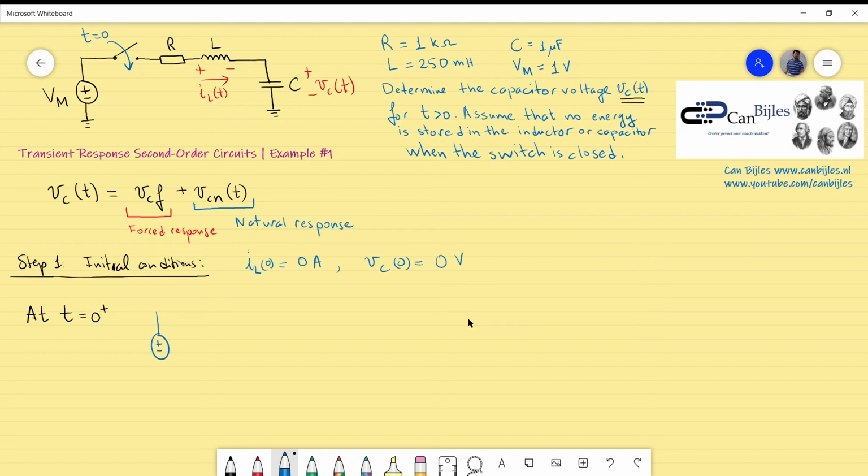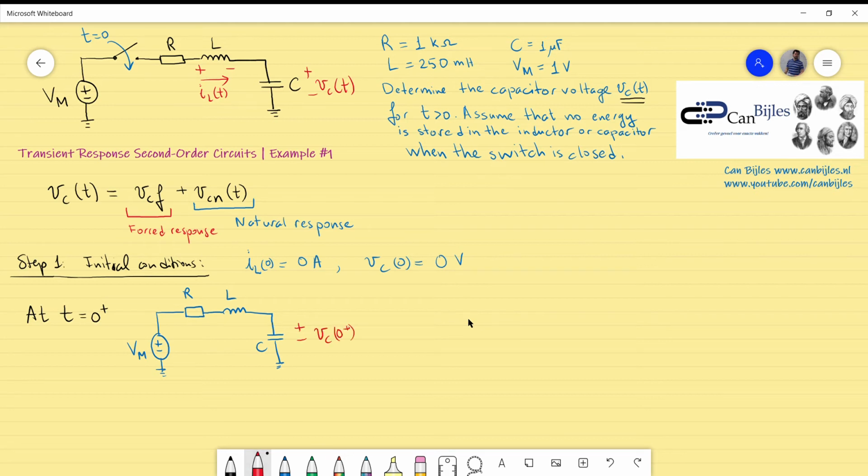I will draw it again to make the situation more clear. So we have the connection made. There is the R, there is the inductor, and there is the capacitor. And what we like to know is what is the value of the capacitor voltage just after the switching.